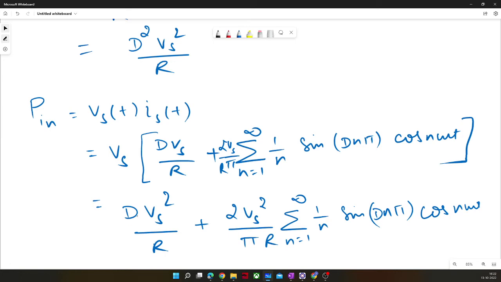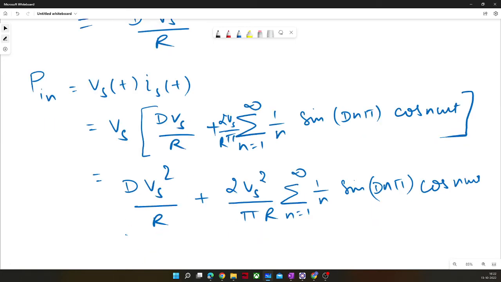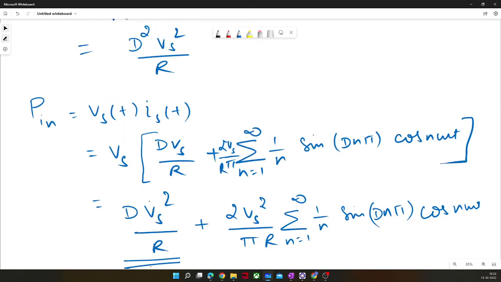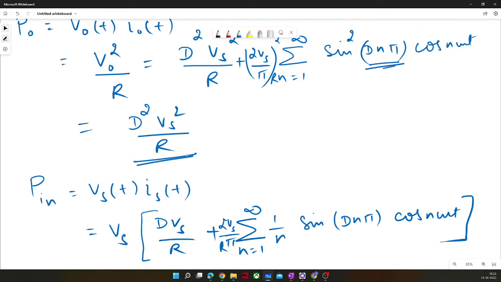So your input average power would be this dVs square by R, and your output average power is d square Vs square by R. So generally we consider an ideal buck or ideal DC to DC converter where we say input power is equal to output power, but that is not the scenario generally. And this power would generally be lost in the harmonic component.